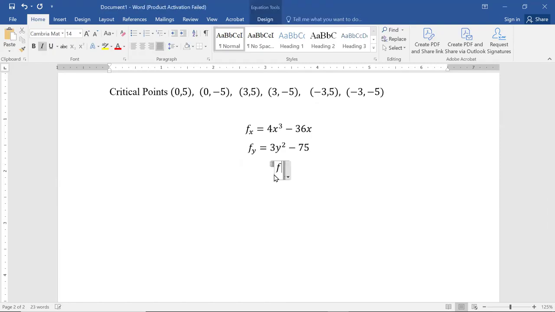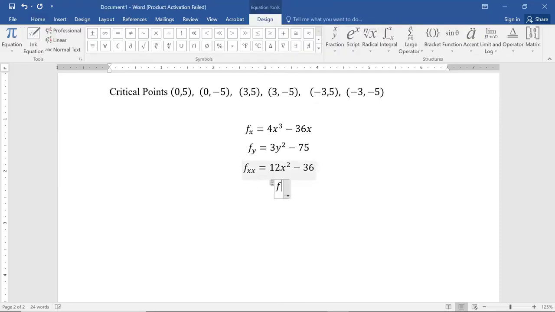Let's do the second derivative, both with respect to x. We're going to get 12x squared minus 36. Second derivative, both with respect to y, is going to give me 6y to the first.